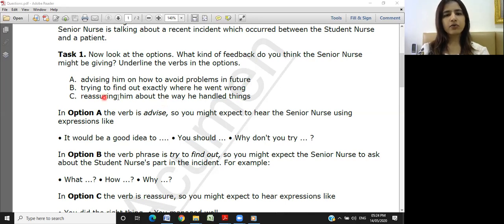And that helps you select C, because she did not express unpleasant behavior or unhappiness about the situation. She was in fact reassuring him by saying that he coped well. So C is the correct answer.